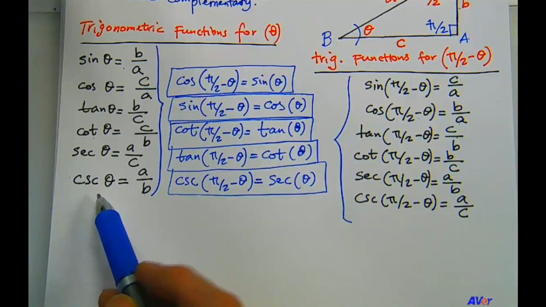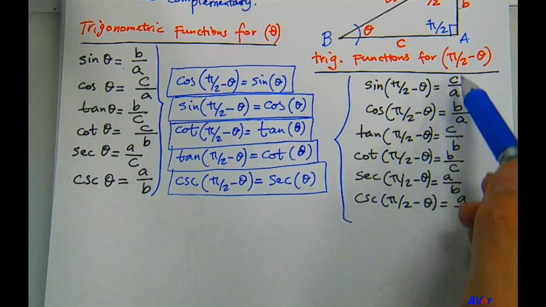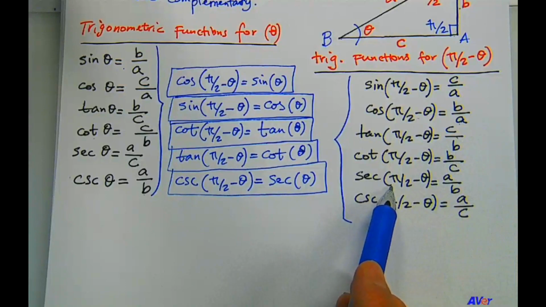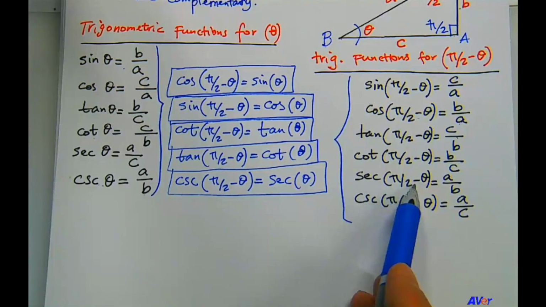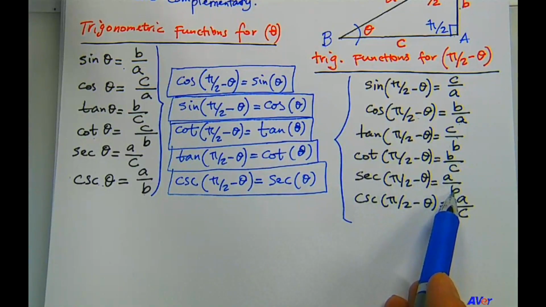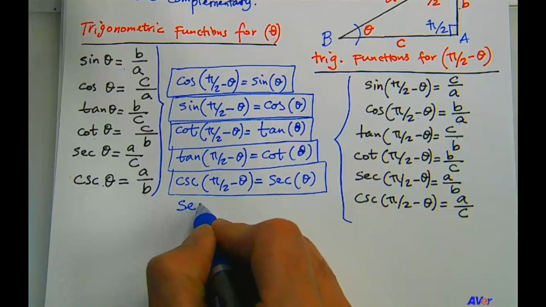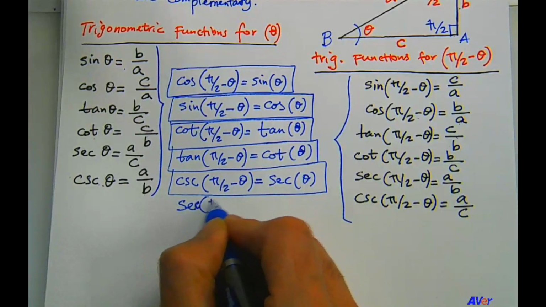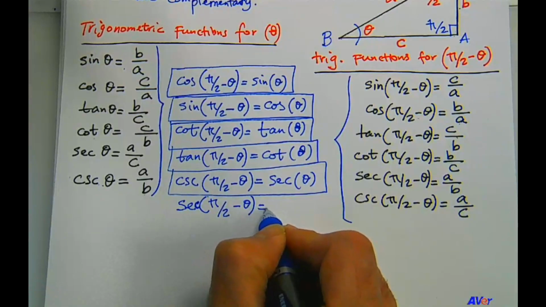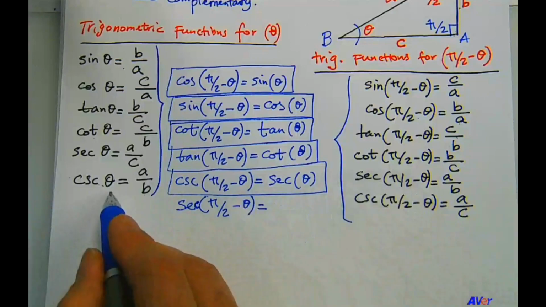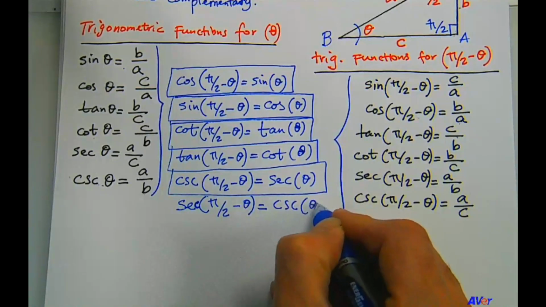And then we have the cosecant of theta equals A over B. Let's look over here, right there. So cosecant of theta is equal to A over B. Secant of pi over 2 minus theta equals A over B. So this tells us that secant of pi over 2 minus theta is equal to cosecant of theta, like that.